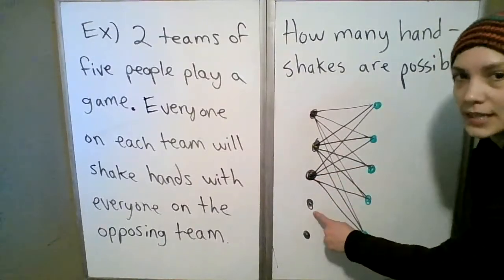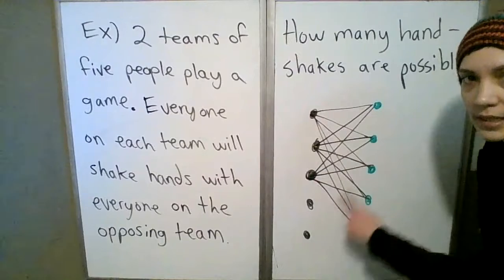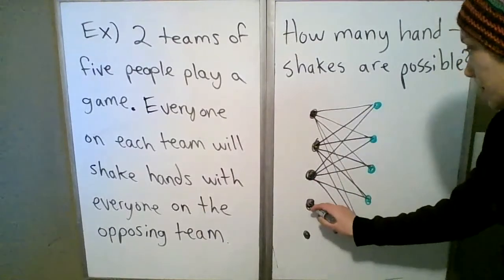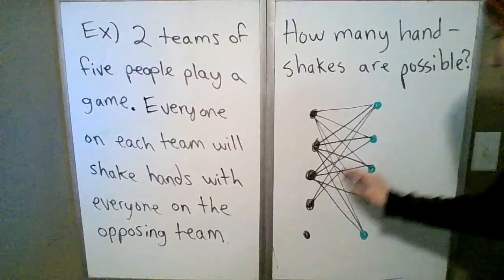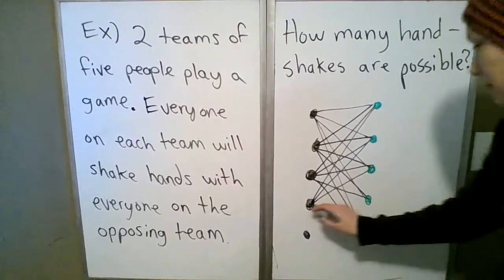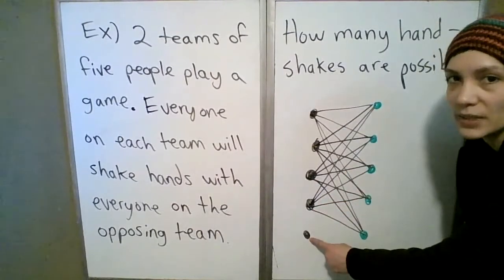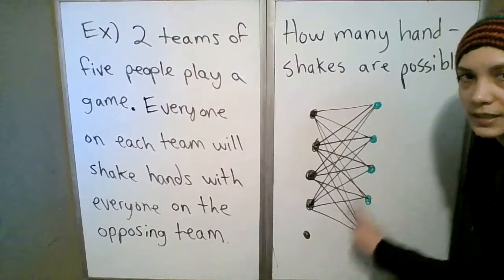Okay. This person has their turn to say hi to everybody on the other team. And the last person does the same thing, connects to every vertex on this side.